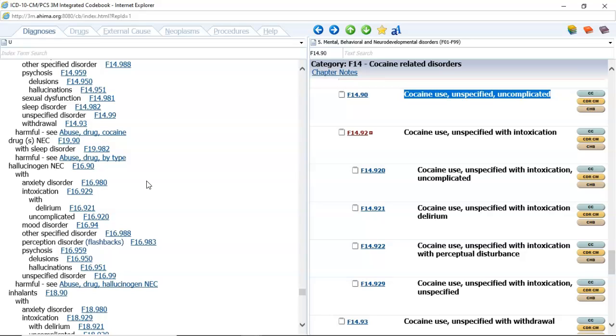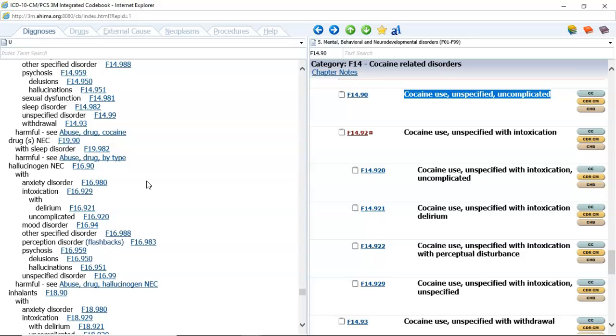If both abuse and dependence are documented, you only assign the code for dependence. If use, abuse, and dependence are all documented, you only code the dependence. The dependence is the worst of the three. If both use and dependence are documented, then you only assign the code for dependence.